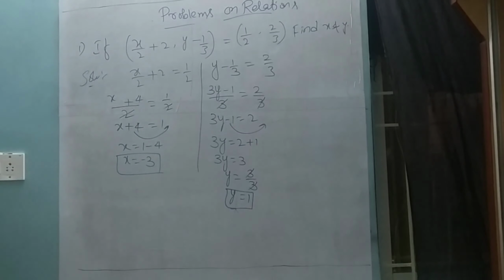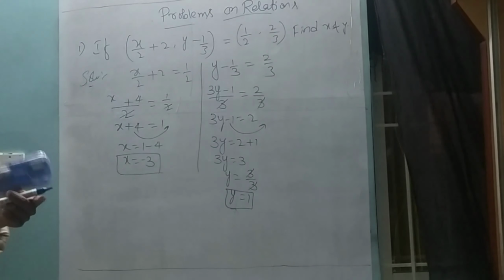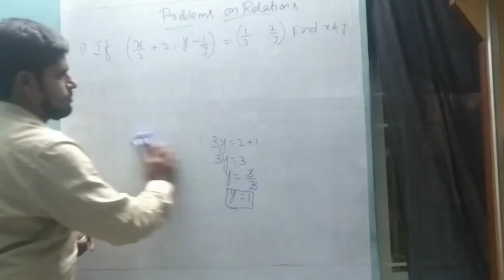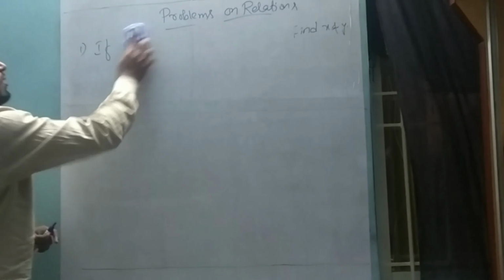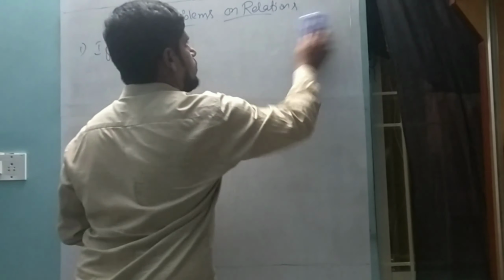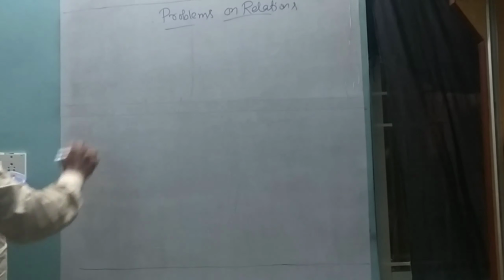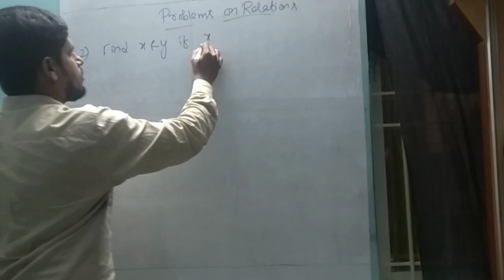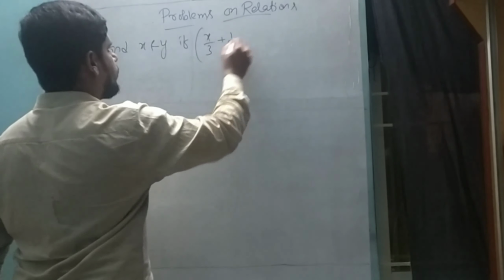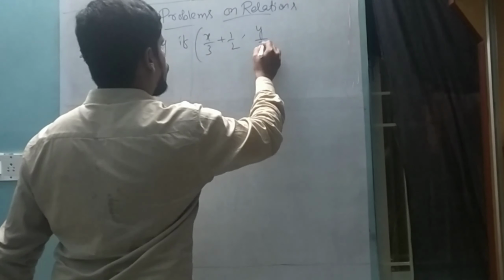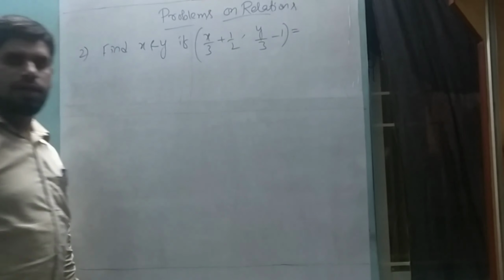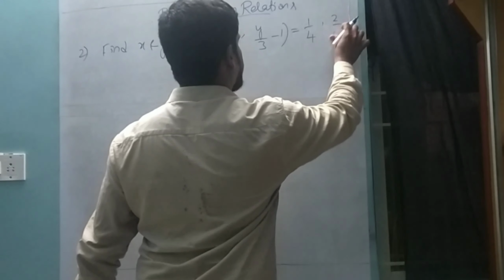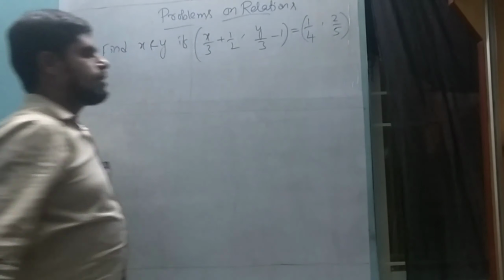Let us see one more problem similar to this. Find x and y if (x/3 + 1/2, y/3 - 1) equals (1/4, 2/5).